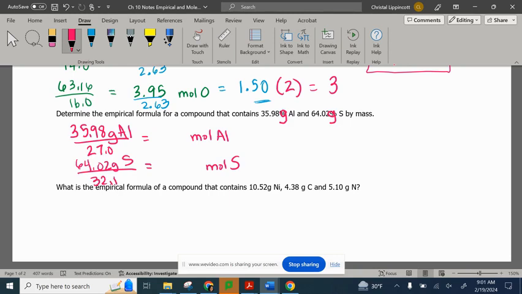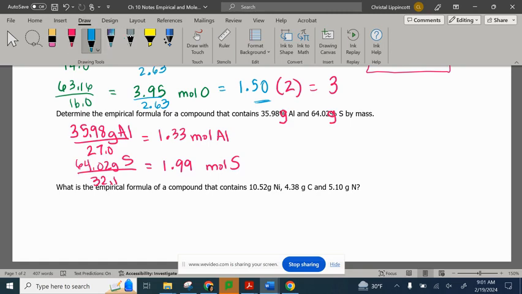This is going to be 1.33 here. And this guy is going to be 1.99. All right.